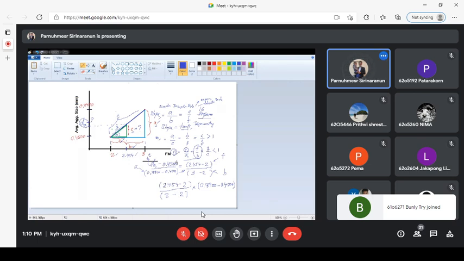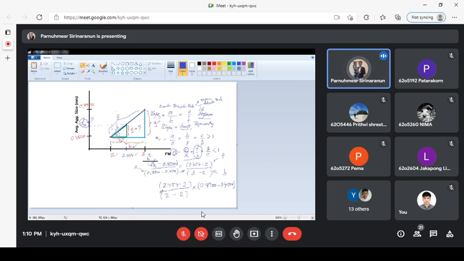When you would like to determine A, you must move this number to the other side because it's a divide. Move to the opposite side is multiply. Yes or not?